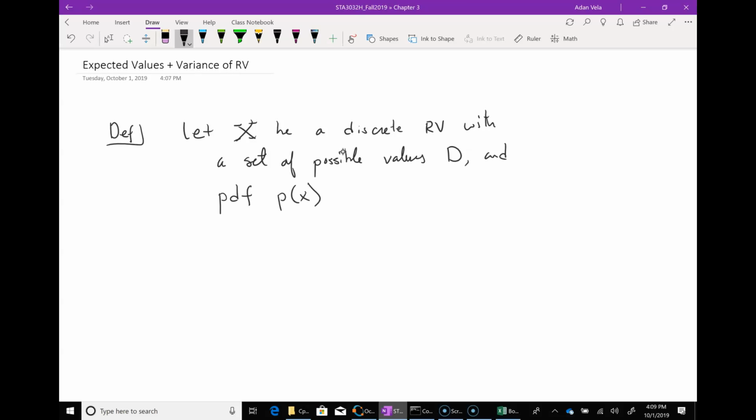So what I'm going to start off with is we have some random variable, a discrete random variable x. The values that that random variable can take on are in some set D. So D could be 1, 2, 3, 4, 5, 6, right? Or maybe it's 0, 1, all depending on what our random variable is. And along with that random variable, we have a probability distribution function.